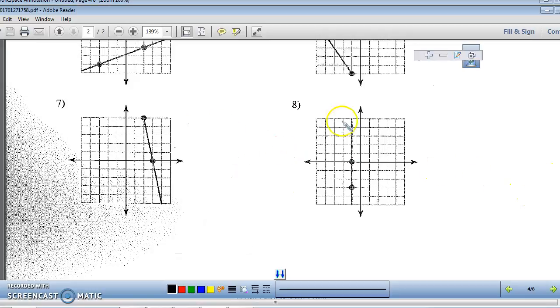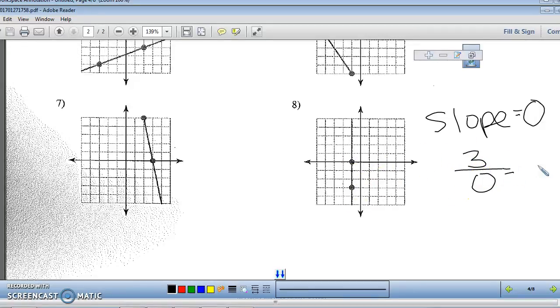On number 8, remember that if something is straight up and down, it's not sloping. Sloping means slanting. So if it's not sloping, that's a slope of 0. And just to show you, the rise would be 1, 2, 3. And it didn't run at all. So that would equal 0.